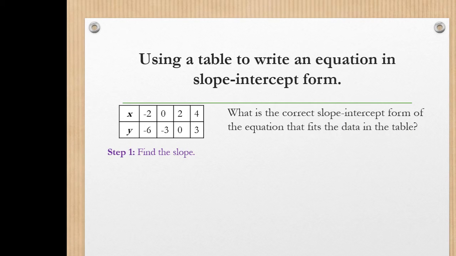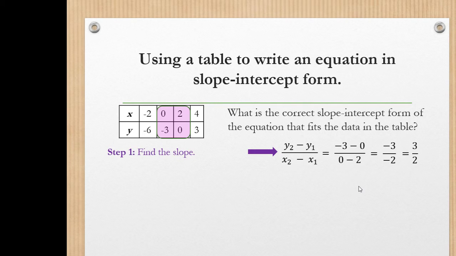You can choose any two pairs that you want. You should have the same slope no matter what. I am choosing the two middle ones. Plug in everything we know. -3 minus 0 divided by 0 minus 2, which gives us -3 over -2. Let's simplify the two negatives, turn into a positive. We get 3 over 2.